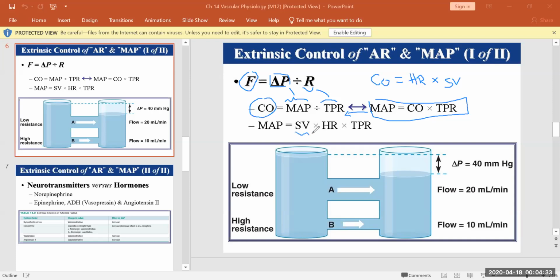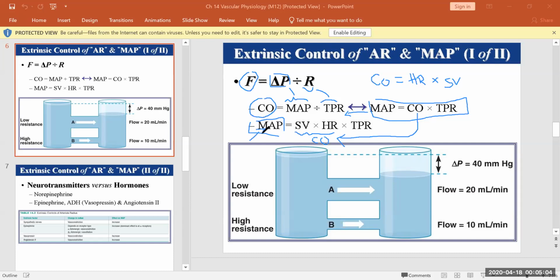This here is your CO. Okay, so that CO is right here. So instead of saying CO, you plug in HR times SV. So MAP is the driving force pushing blood through our vascular bed.